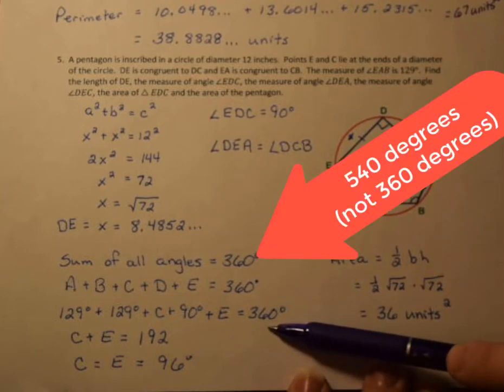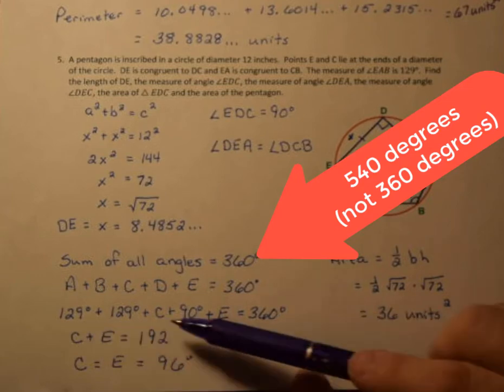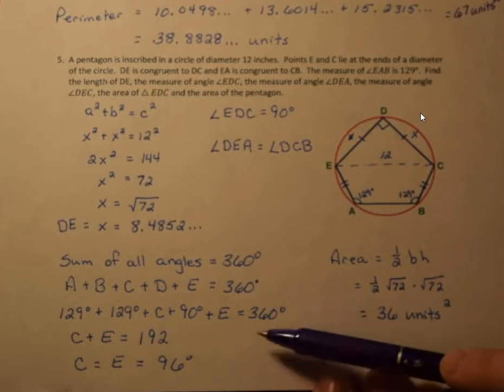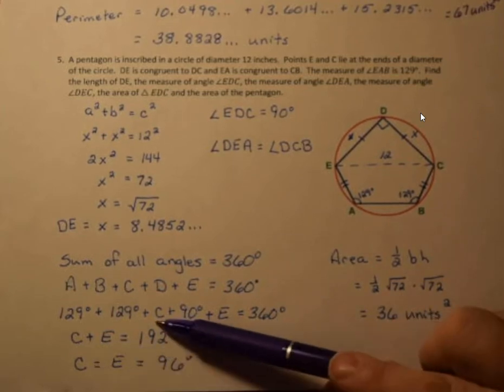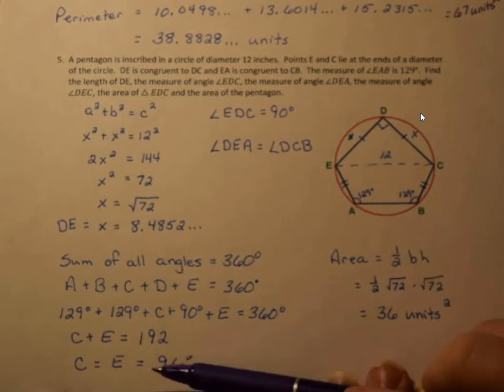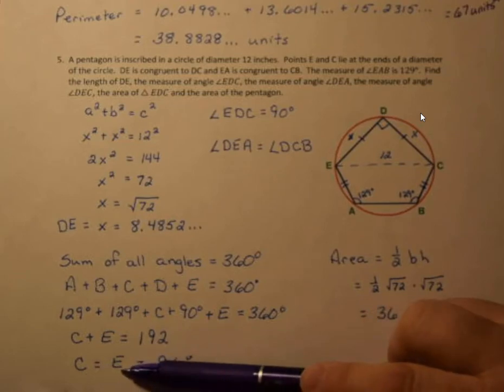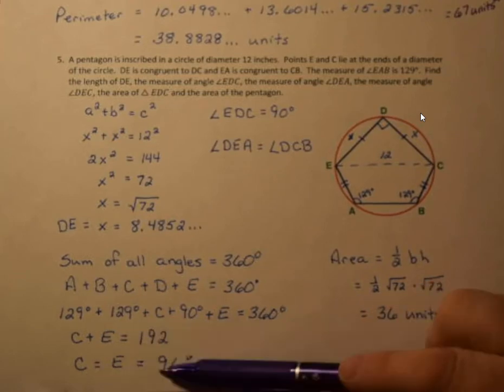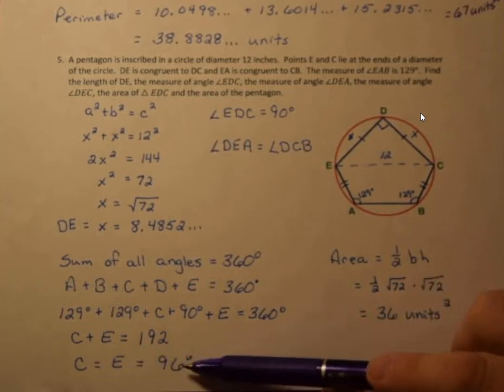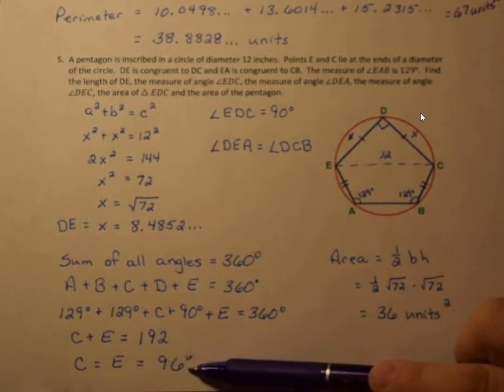And so that's equal to 540 degrees. So subtract the 258 degrees from both sides, subtract 90 degrees from both sides. You get C plus E is equal to 192 degrees, but C and E are the same. So you can divide both sides by 2, because these are 2 angles, and both of those angles would have to be 96 degrees.